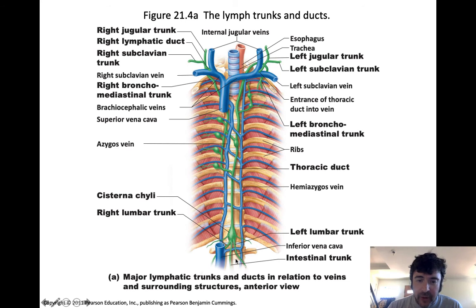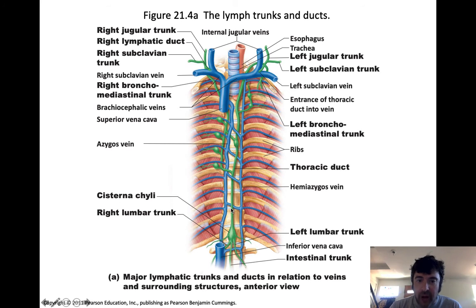Now, after lymph nodes, lymph enters into lymphatic trunks. So you have the intestinal trunk and the lumbar trunks. And those lymphatic trunks, you don't have to know the intestinal and lumbar trunks, as I stated earlier, but those lymphatic trunks bring that lymph to this localized enlargement called the cisterna chyli, which you can see really clearly on the model.